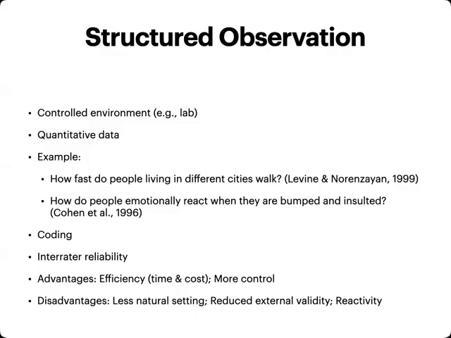In a laboratory setting, Dov Cohen and colleagues asked observers to evaluate participants' emotional reactions after they were deliberately bumped and insulted by a confederate. This happened after participants dropped off a questionnaire at the end of a hallway.